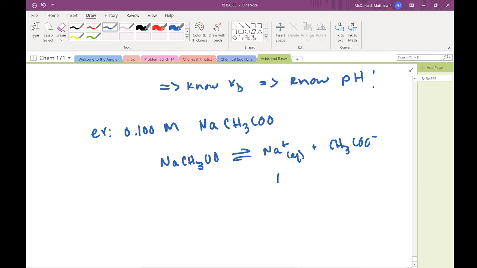The sodium has no effect on the pH. Okay, there's no effect. And of course, the acetate is a weak base, so it's going to affect the pH.